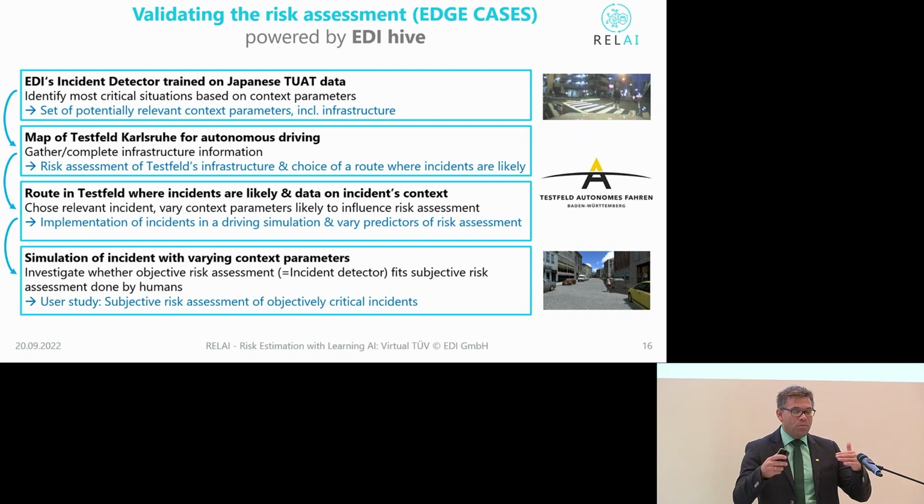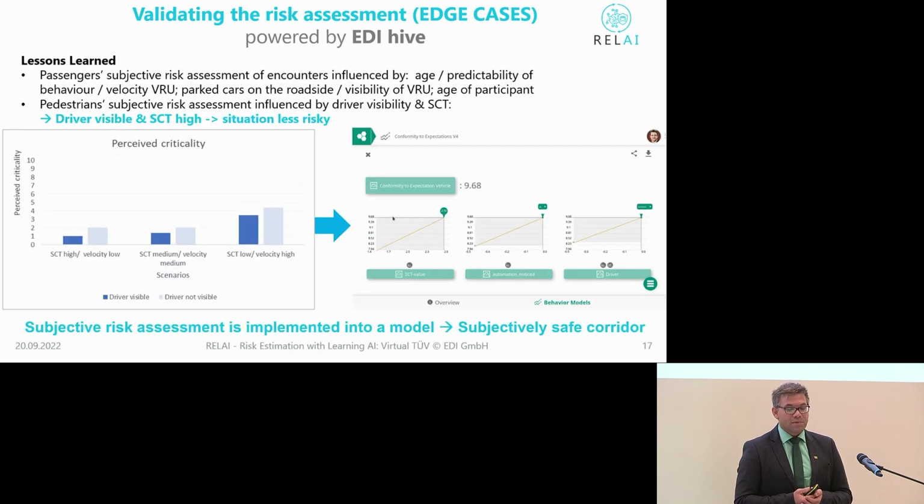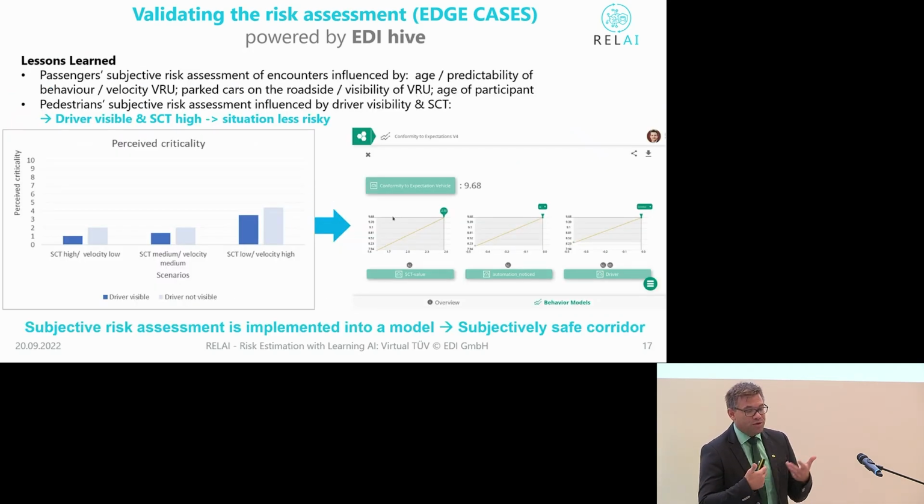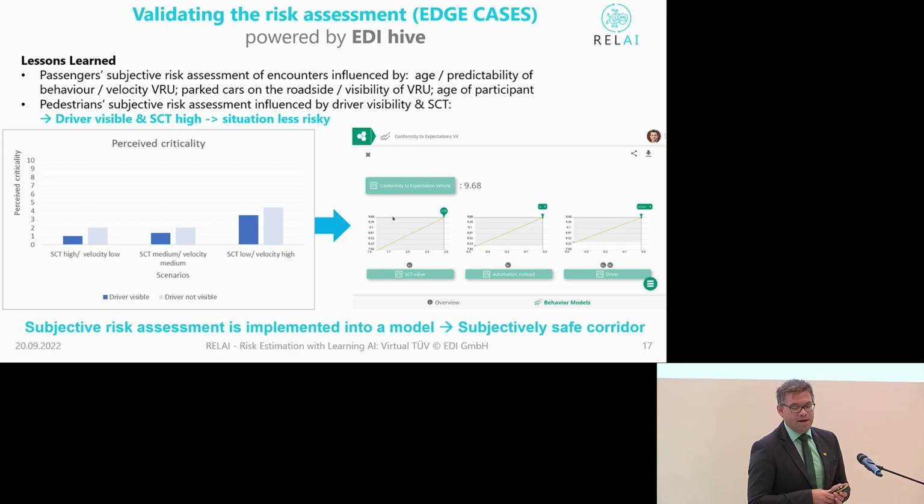And at the end, we put everything into the simulation, and we made a study with some students, which was running at the Fraunhofer Institute. What we found out, and I think that's really interesting, is about the distance at which a vehicle should brake and with which speed the vehicle should approach the pedestrian.